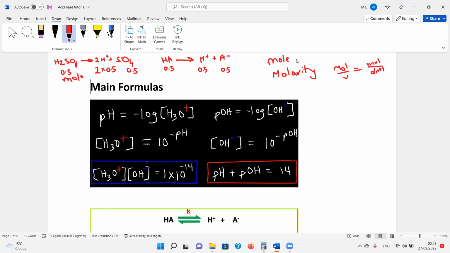The number of moles is just the number of moles. Generally, you will be given the number of moles and the volume of your container. So if you are given the volume of the vessel or the container, then you divide the number of moles by the volume in order to get the concentration.